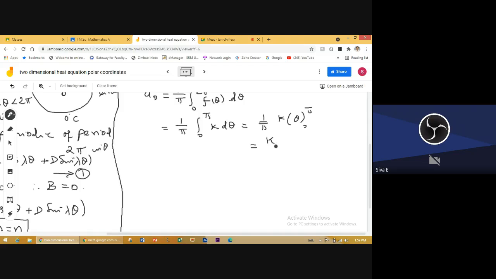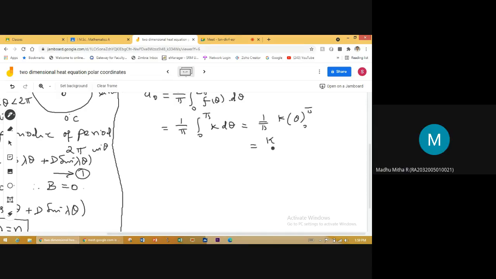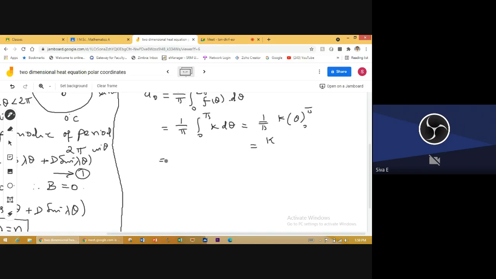As for the Fourier series, the first term is not a naught, it is a naught by 2. So the first term will become k by 2. Okay, fine.